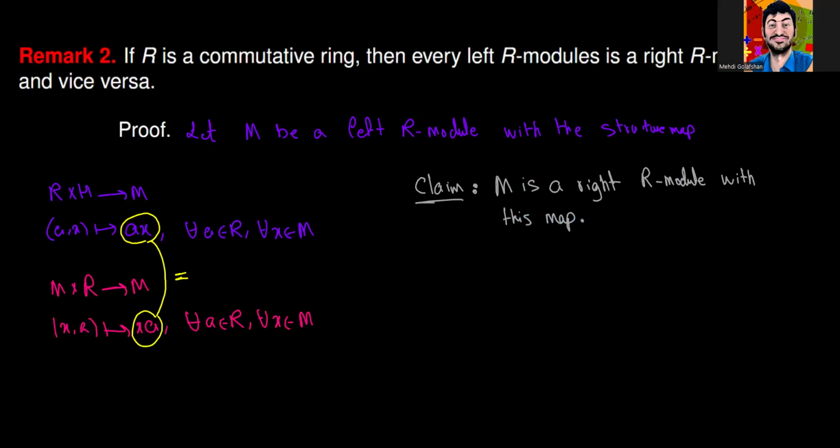So what can we do? Let's check. The first condition: we want to check that for x and y in the left R module M and a in our ring, so we have this assumption, (x plus y) times a.